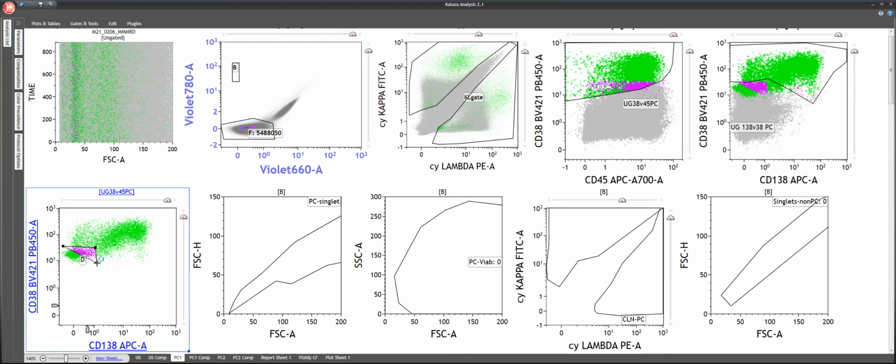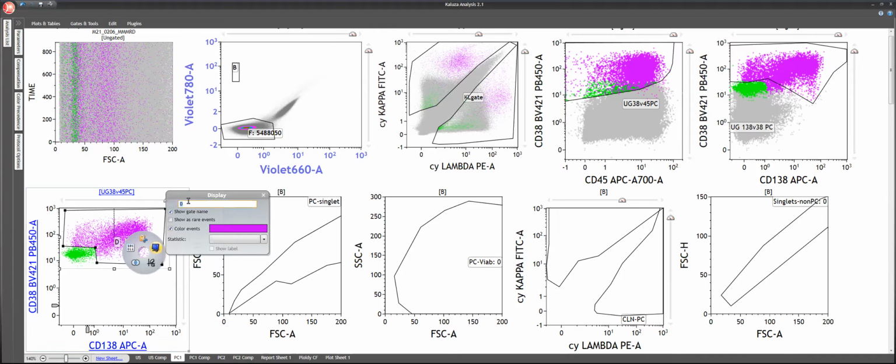which will be a combination of both 38, 45 and 138, because we have taken the help of all these three markers. So we'll use this. We can label it as 38 versus 138 and versus 45.